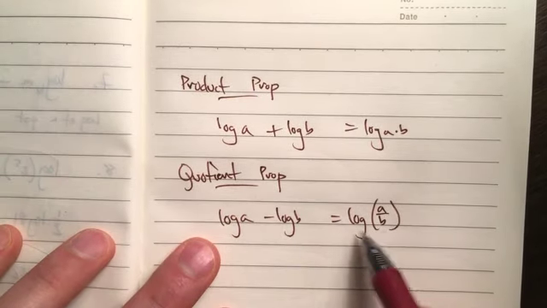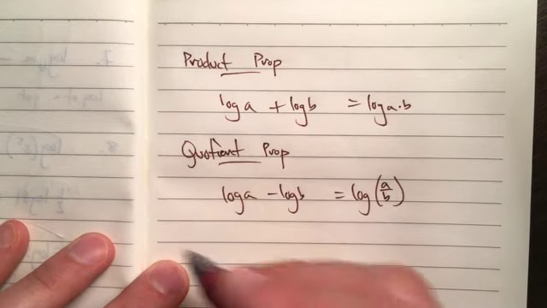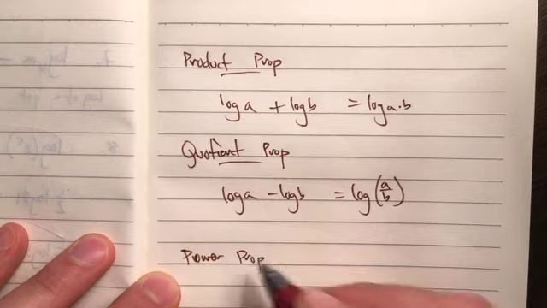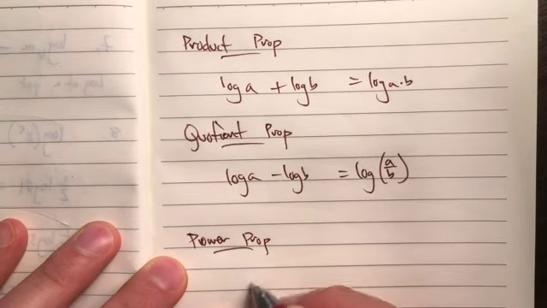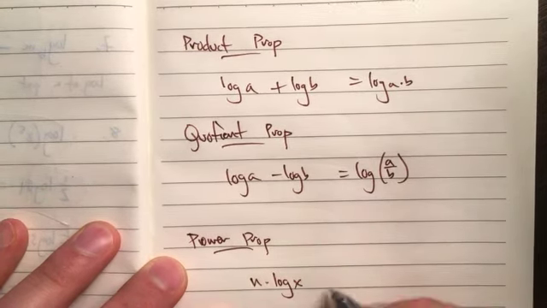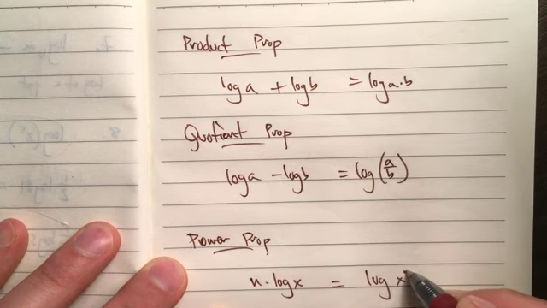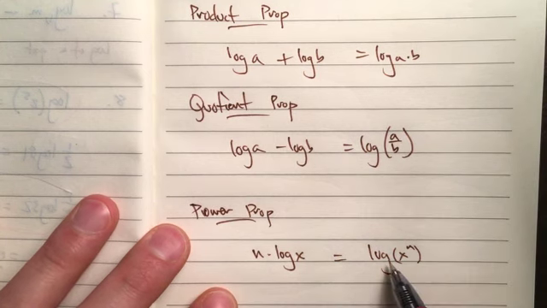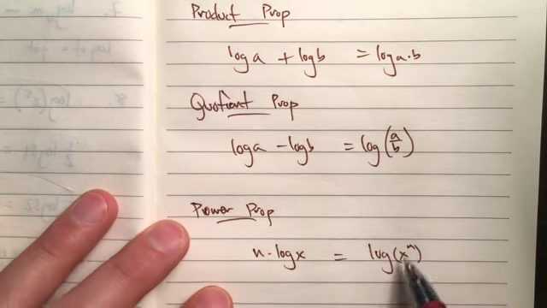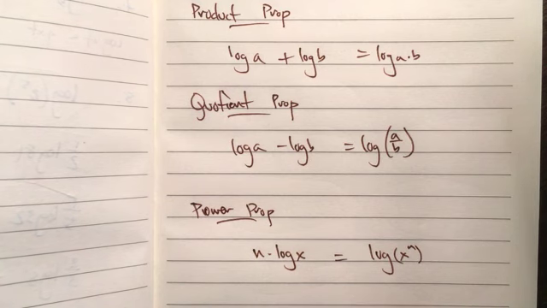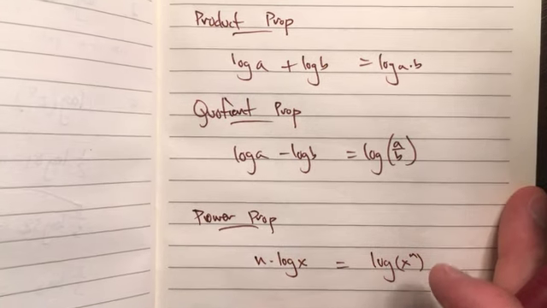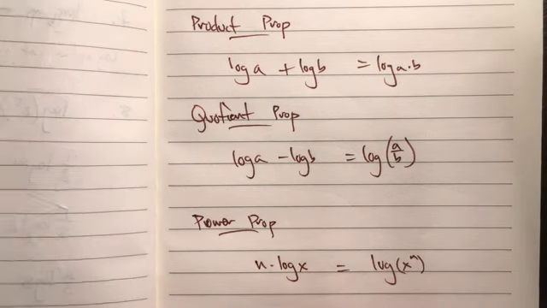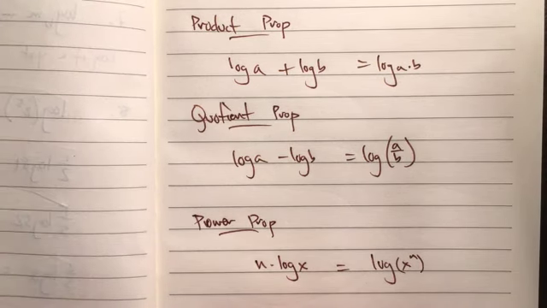Subtract 2 logs, combine them into 1 by dividing the stuff inside. And we have the power property of logs, which says n times log of x is equal to log of x to the n. If you multiply a logarithm by n, you can take the logarithm of that number raised to the nth power. We'll spend a little more time thinking about why this might be true, but these are your 3 properties of logarithms so far.